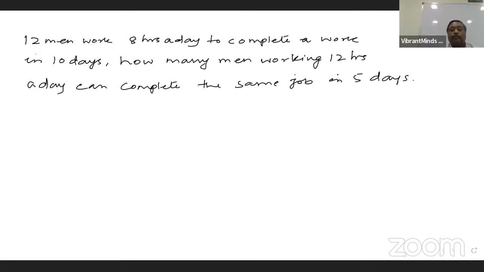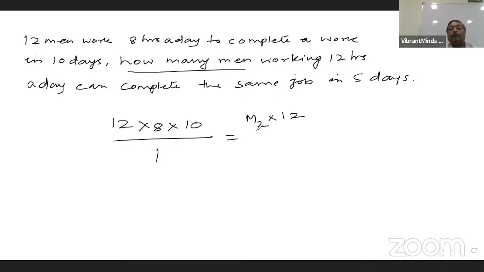Okay. Now see, we have 12 men, 8 hours, and in 10 days they will complete one job. In 12 hours, let's say M2, we don't know, we have to find out how many men. So we have M2 over here, and in 5 days can complete.